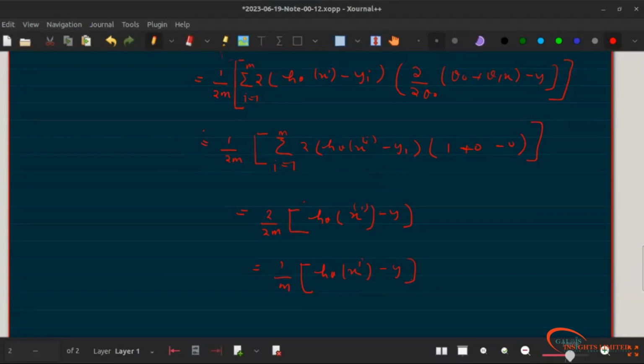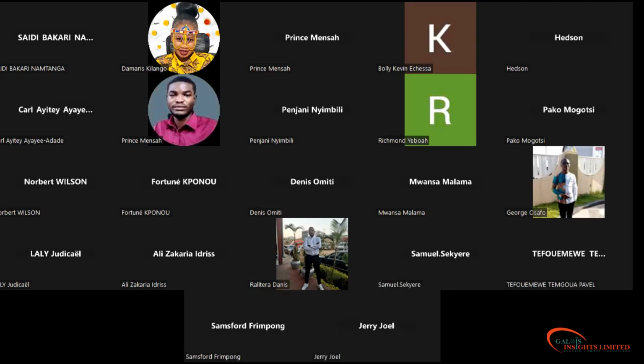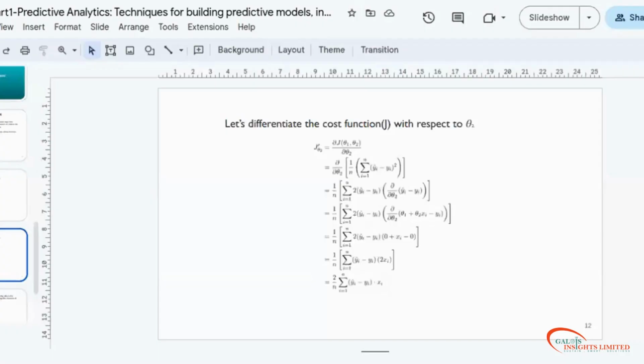So you do the same thing for the other one by taking the derivative with respect to the gradient or the slope. So it's just the same idea again, the same strategy again. Then it's simply a way of minimizing the cost function just by minimizing the model parameters.